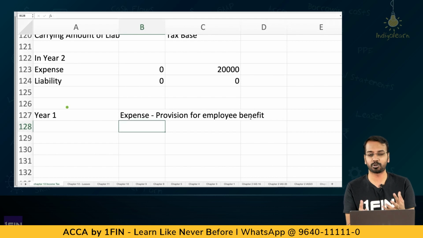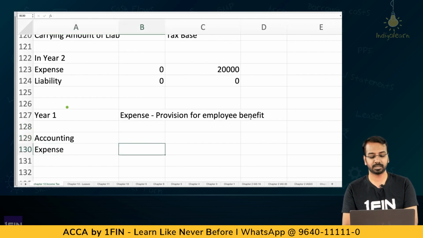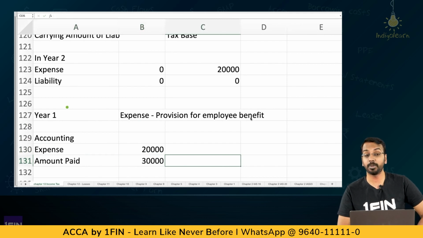So, you don't need to worry about whether we should know the tax laws in detail or not. Okay. So, let us say accounting expense is 20,000. Amount paid is 30,000. Now, in that case, what do you call the difference between the expense part and the amount paid part?